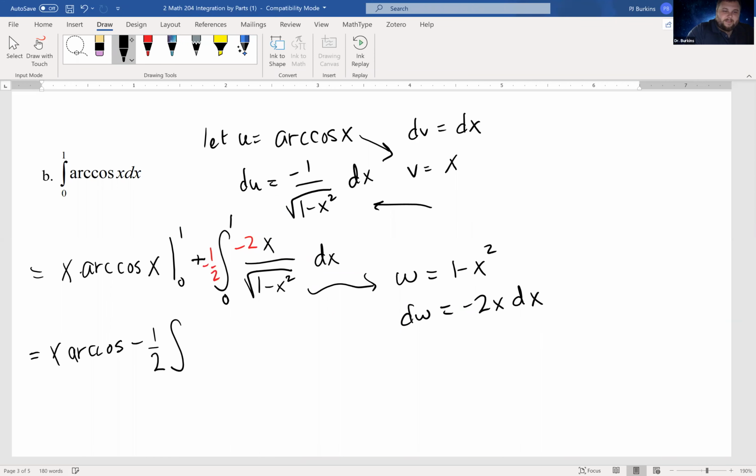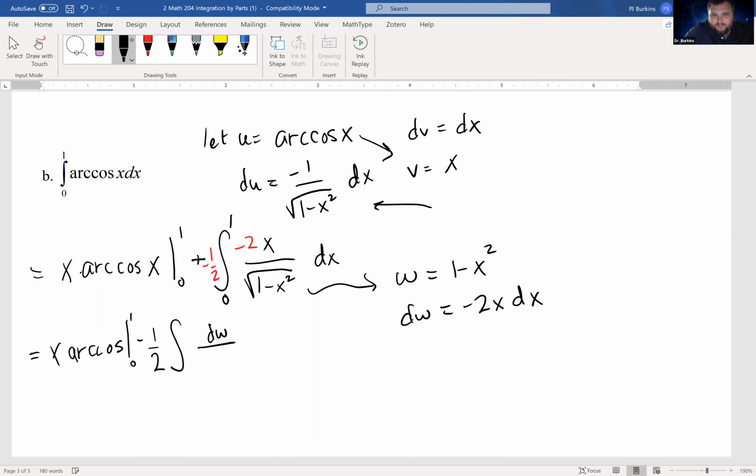integral. And I guess since I have to continue with the integral, we better put the bounds back here. Need some space. All right. Now this is going to become dw on top.